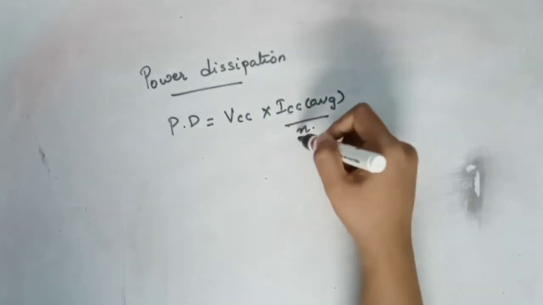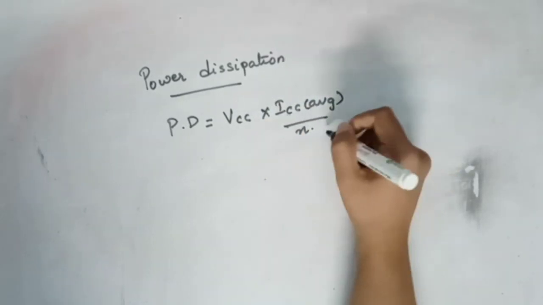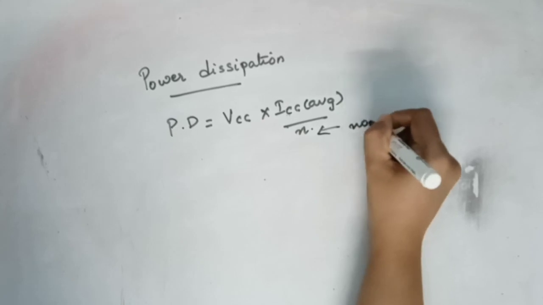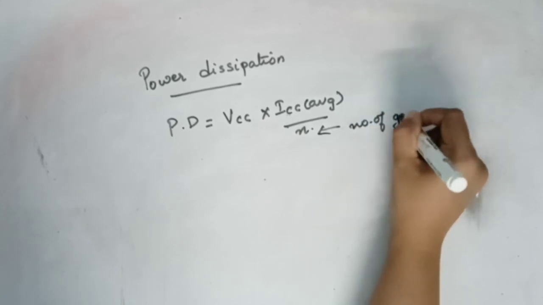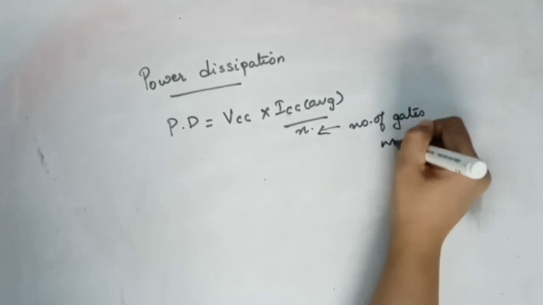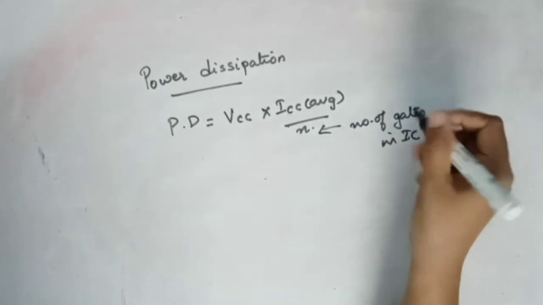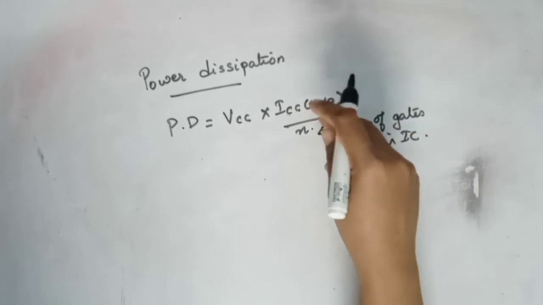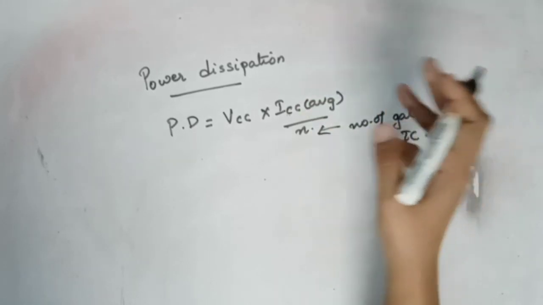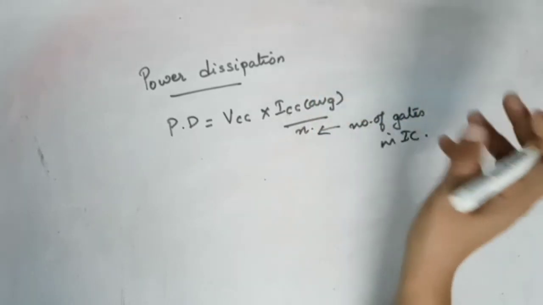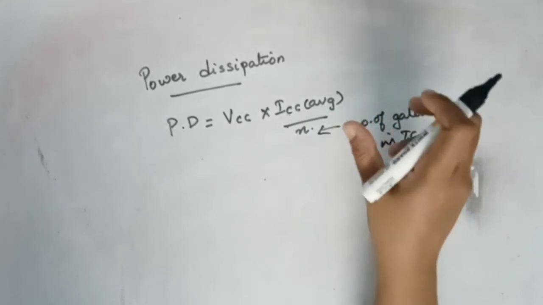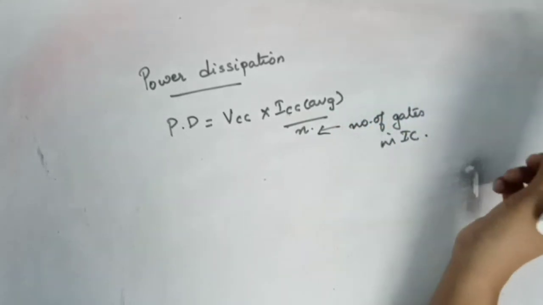Average current divided by N, where N is the number of gates in the IC. Why do I say number of gates in the IC? Normally, if I take a 2 input NAND gate or NOR gate, OR gate, AND gate, all those, you have 4 gates inside an IC.